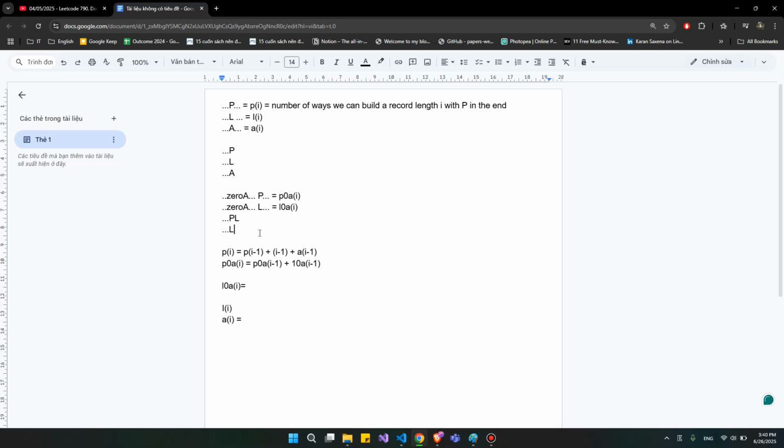So we think about position I to I minus one. I think we can try the position I minus two.